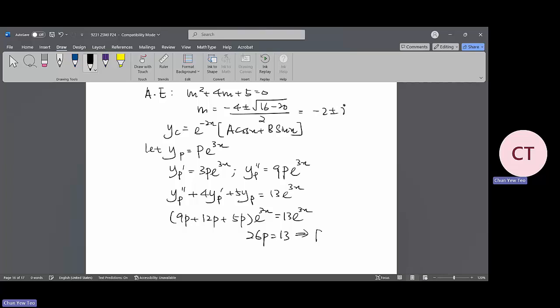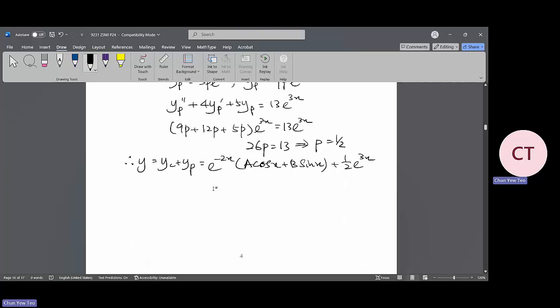That means B is a half. So therefore, your y is equal to yc plus yp. That will be equal to e power negative 2x, A cos x plus B sine x, plus a half e power 3x. That will be your general solution.